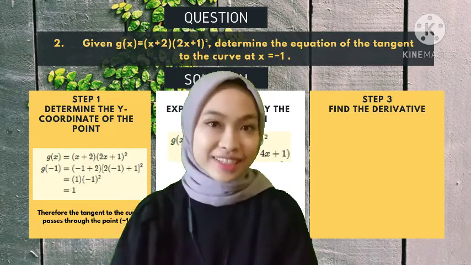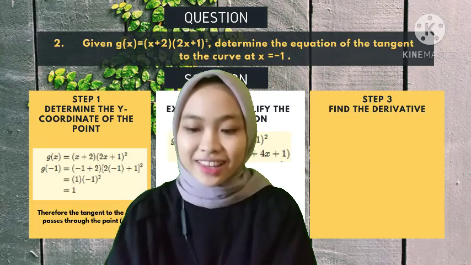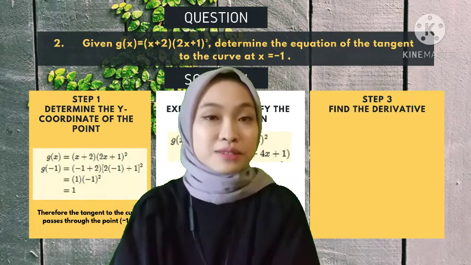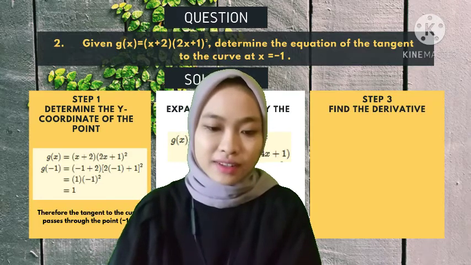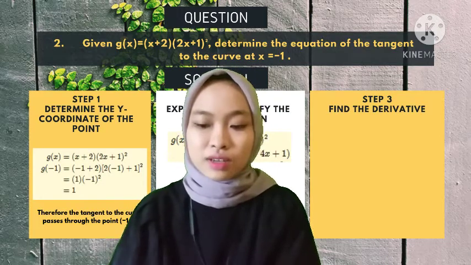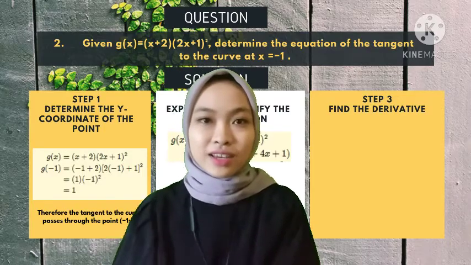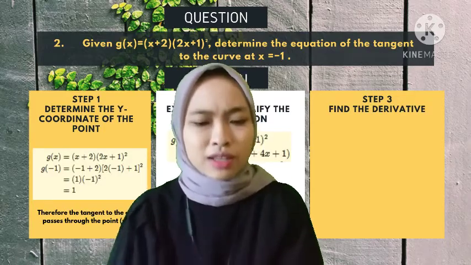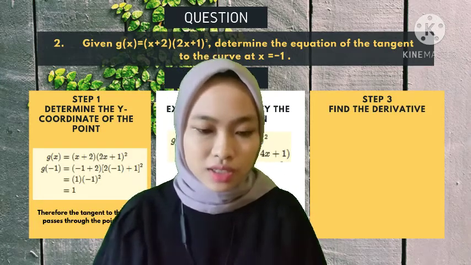The second question, like what I said before, you try to solve by yourself, and you just follow the steps and write down your answer. Okay, where's question number 2?